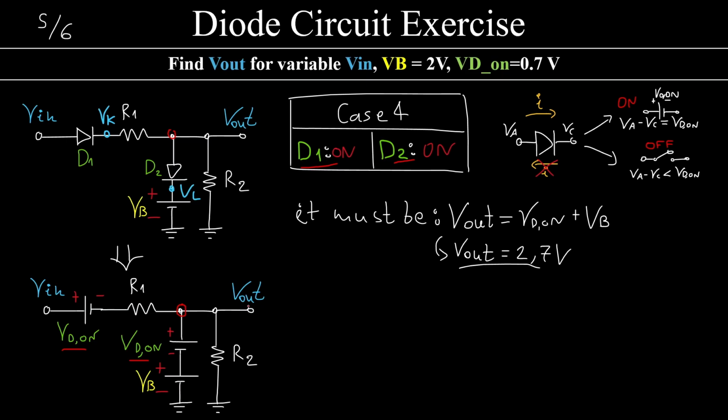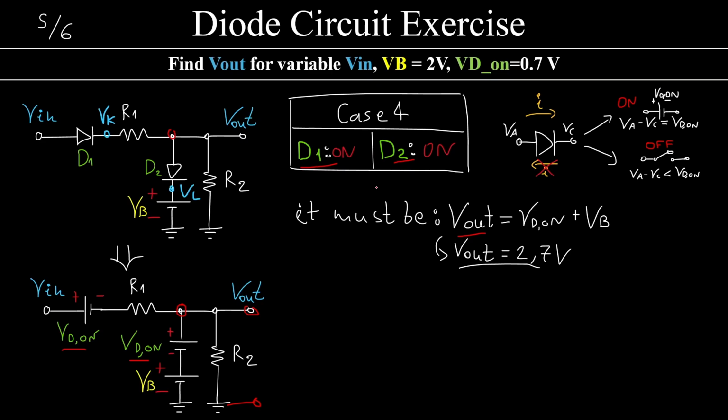We measure the voltage at the output in respect to the ground, so it is like we measure in parallel to two batteries. So Vout must be equal to VD on plus VB. How much is VD on? 0.7 plus VB, which is 2 volts, so 2.7 volts.